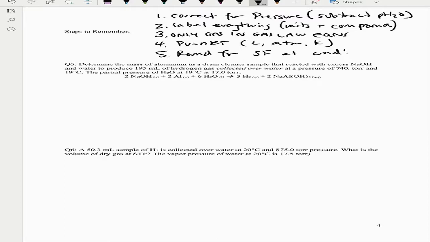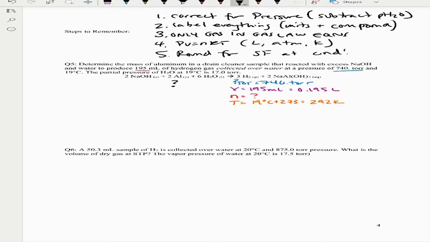So question number 5 is a stoichiometry problem that includes a collected over water portion. The problem gave us the following information: the total pressure, the volume, we don't know moles, we know temperature, and we're solving for the grams of aluminum, which means that we must end with our stoichiometry.